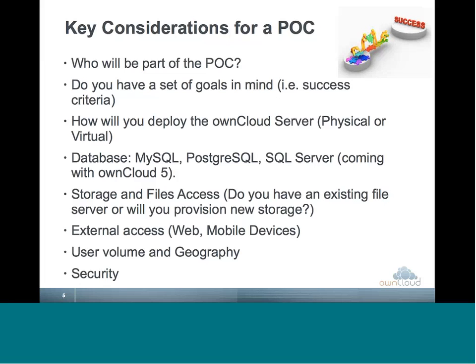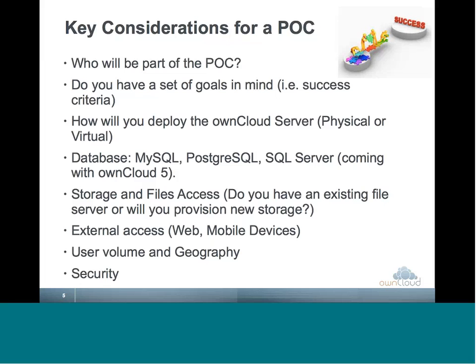And again, this could be largely driven by a standard set within your organization, but we have a lot of flexibility here, whether it be MySQL, PostgreSQL, or SQL Server. We're going to be able to choose which database platform we're going to use. And ultimately, this could involve a new instance that we're going to stand up, or it could be simply connecting into an existing instance of one of these databases running inside of your enterprise.